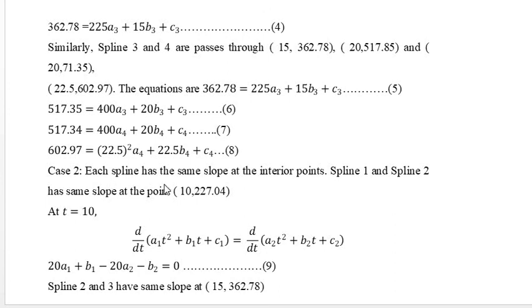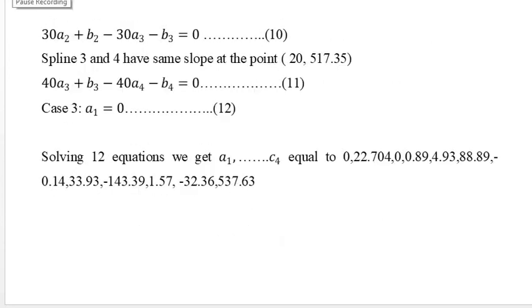And then consider case 2. Each spline has the same slope at interior points. So corresponding to spline 1 and 2, get the equation of the form 20a1 plus b1 minus 20a2 minus b2 equal to 0. Similarly for the other interior points, and finally case 3 gives us a1 equal to 0. So now we have 12 equations and 12 unknowns.